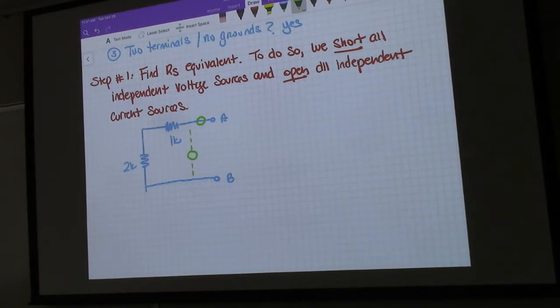Now, our equivalent resistance is just equal to whatever the equivalent resistance is between terminals A and B. So what's the equivalent resistance between terminals A and B? 3 kilo ohms. So we've solved half the problem.